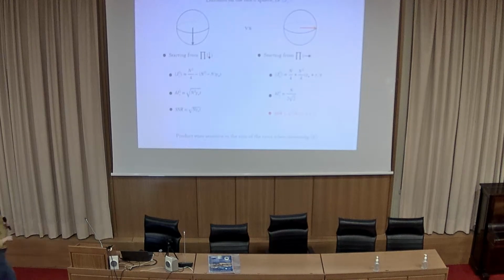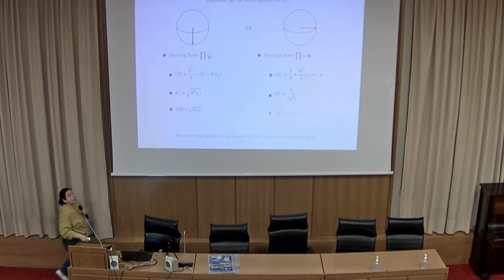Now, those start complications. If you calculate the signal to noise ratio that you get if you start from everything in the ground state, the excited state, and the product state, which is half excited, half ground, you will see that your SNR actually hasn't gained much, because here you have a huge uncertainty in Jz squared.